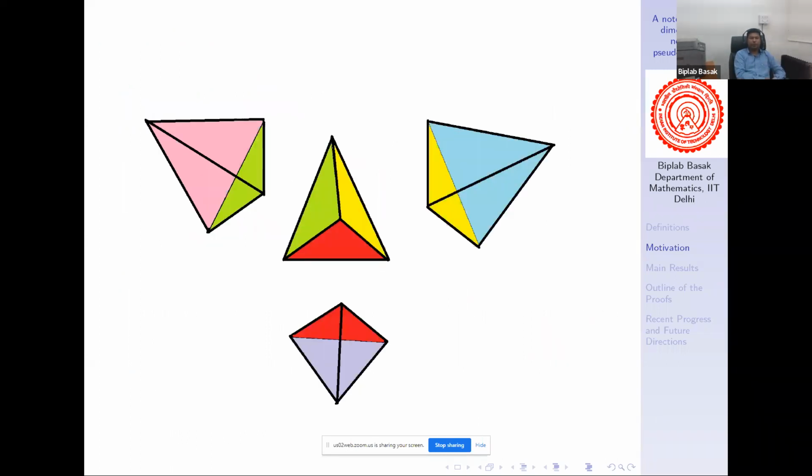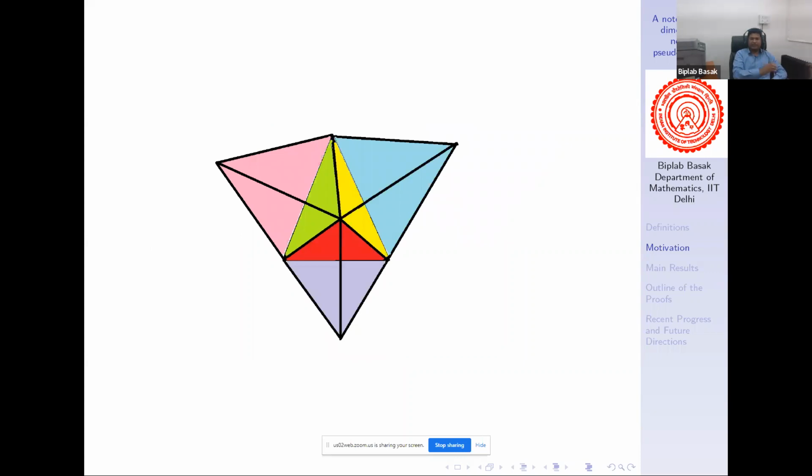Suppose you have these four tetrahedra, and you stack them together along the colored faces. From this you will get this. Now this resulting complex is a three ball, right? If you take the boundary of this three ball, that is a triangulation of a two sphere.